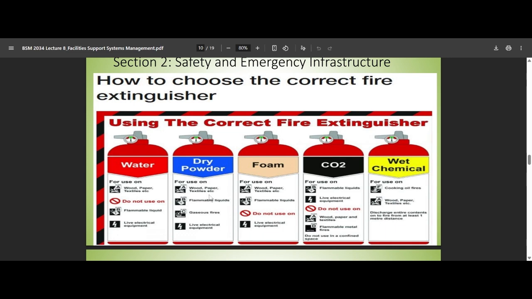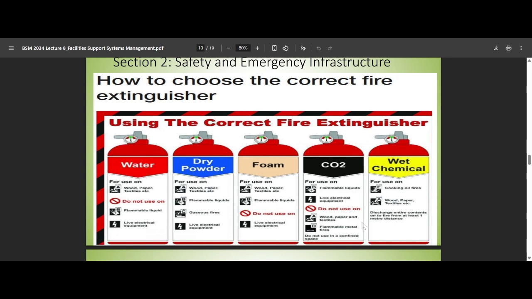That's why you would see a lot of facilities having dry powder, because it covers a lot of situations, or a lot of types of fires. Types of fires, there's 5. Then you have foam, which can be used for wood, paper, textiles, flammable liquids, but cannot be used for live electrical equipment.